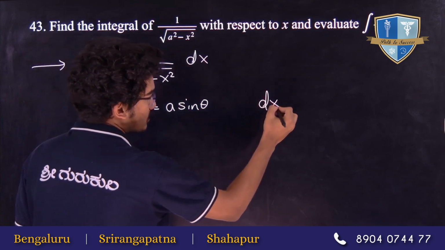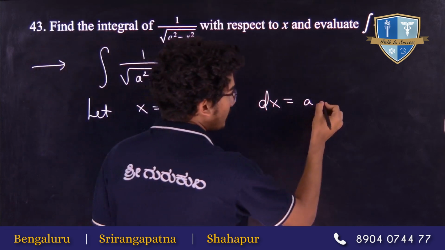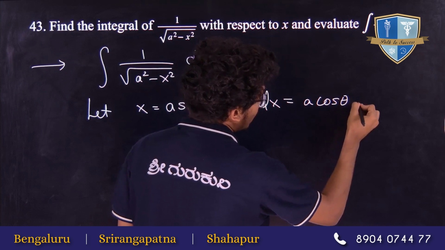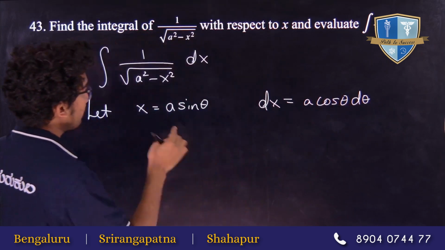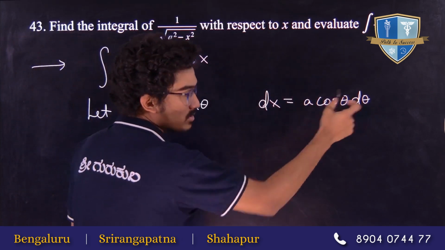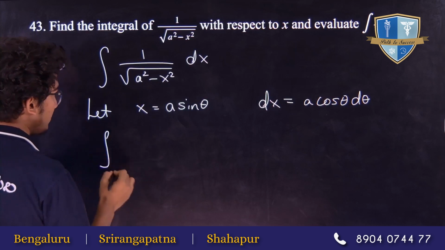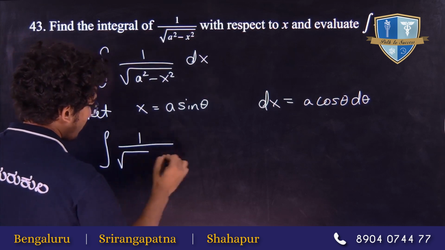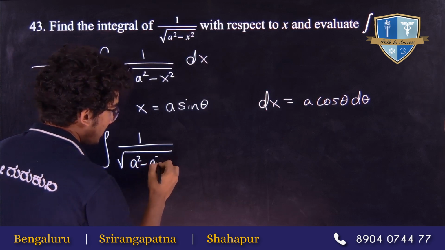So dx will be equals to, a is a constant, differentiation of sine theta will be cos theta d theta, correct? So instead of x we will write a sine theta, and instead of dx we can write a cos theta d theta.